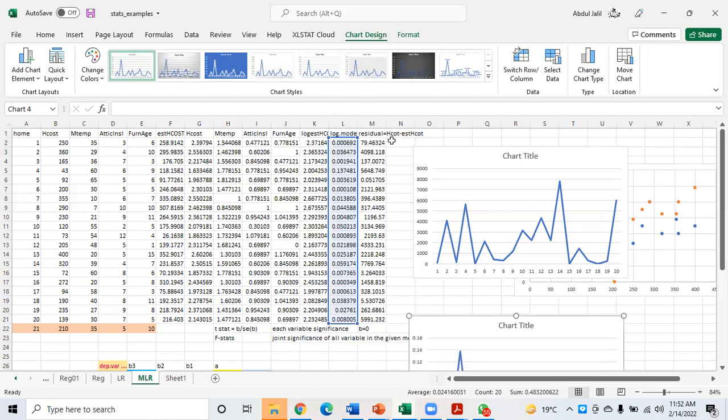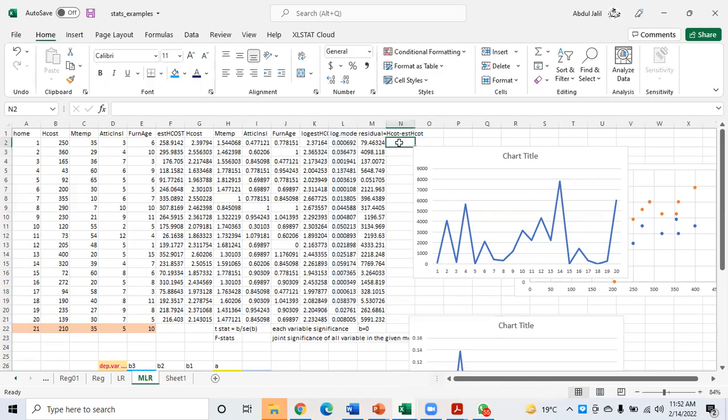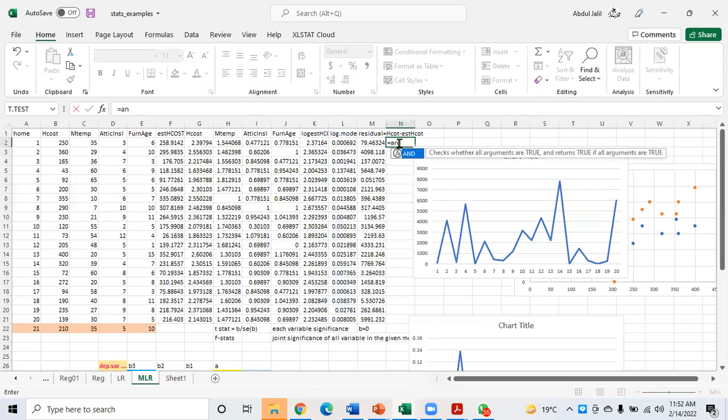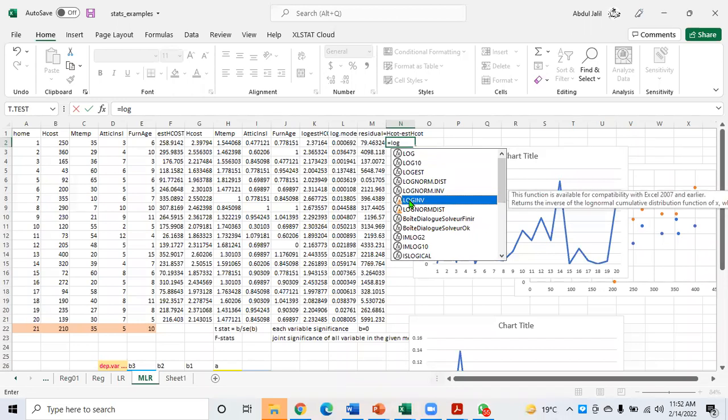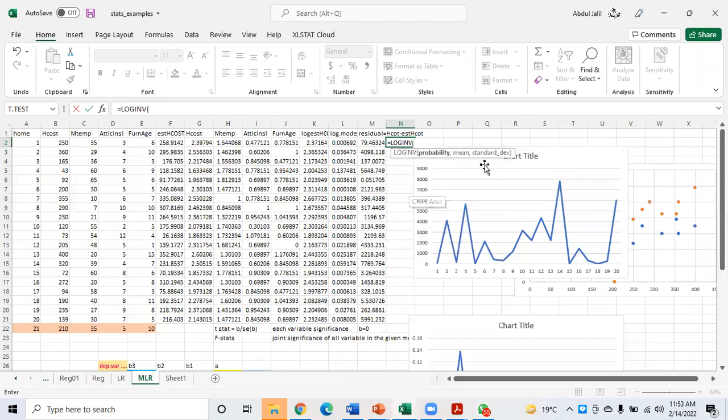I don't know, but maybe there is some way to take anti-log. Log reverse, log inverse, right? So this option is there. Let's see if it is going to be applied. Probability, mean, standard deviation, no. Log inverse needs probability, we don't need probability.